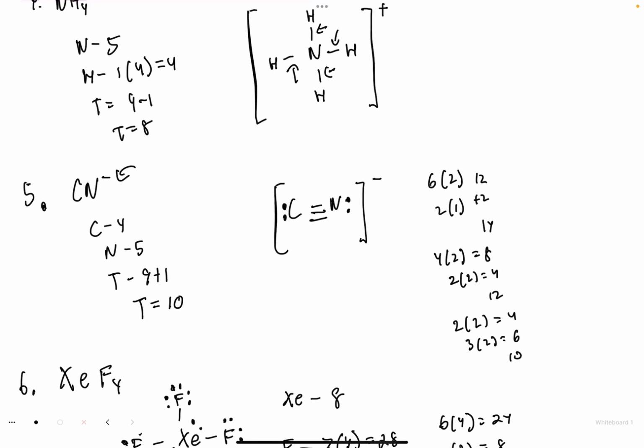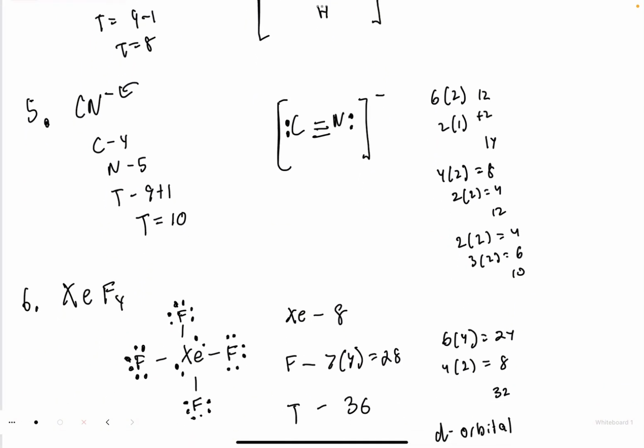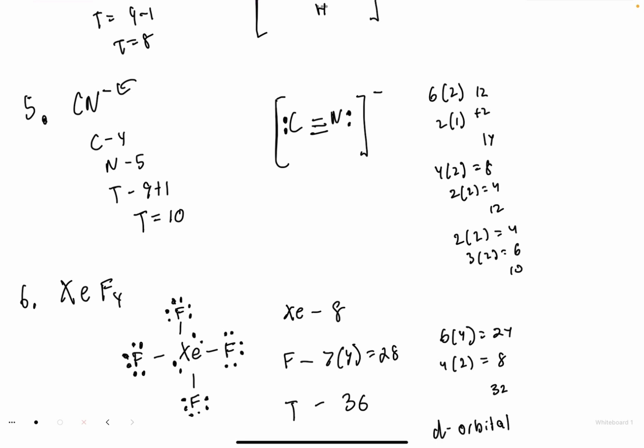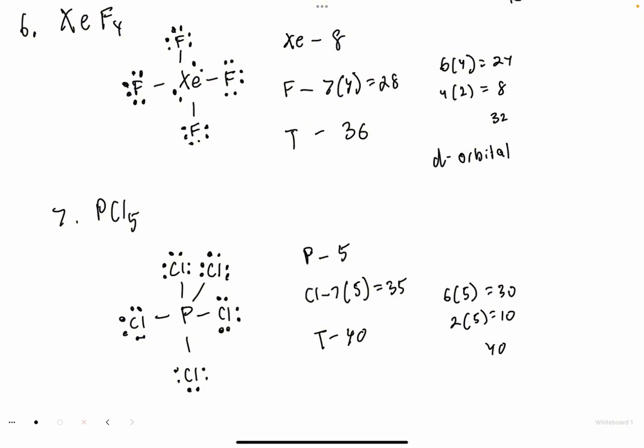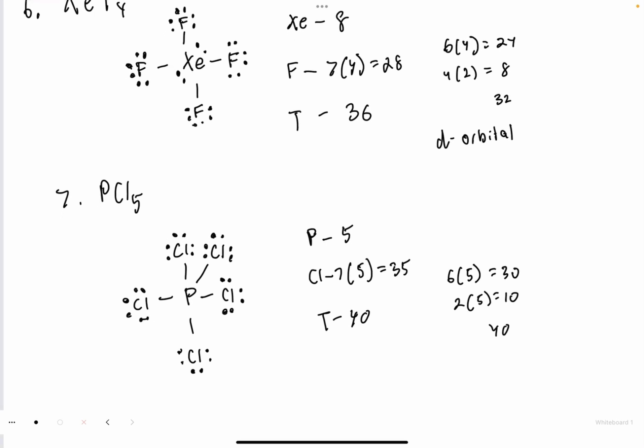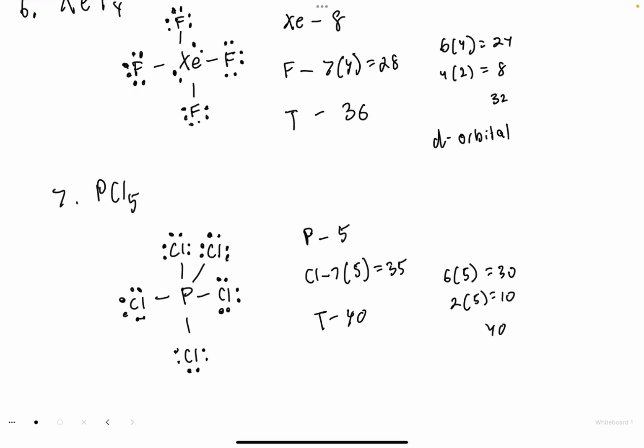So you have to make a bracket, and you have to put the charge on the top. And if the element is in the third period or below, you can expand the octet, as well as put lone pairs, if necessary, on the central atom. And lastly but not least, you have to make sure that the amount of electrons is the same. It can't be above or below, it just has to be just right.